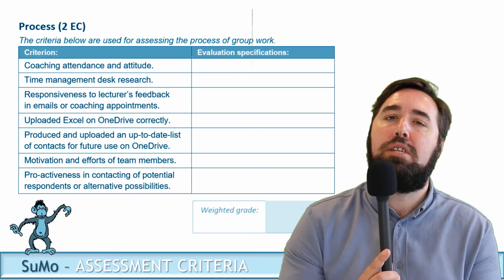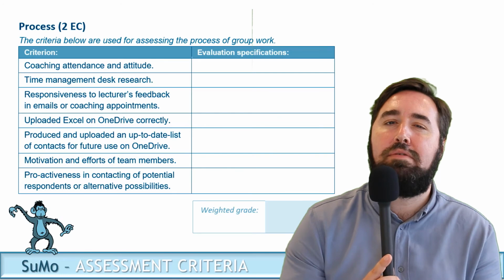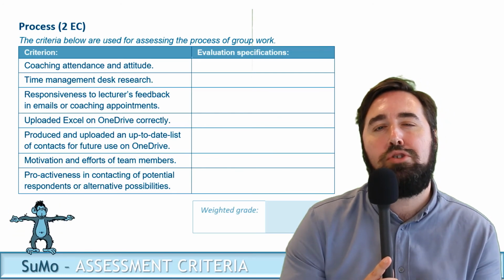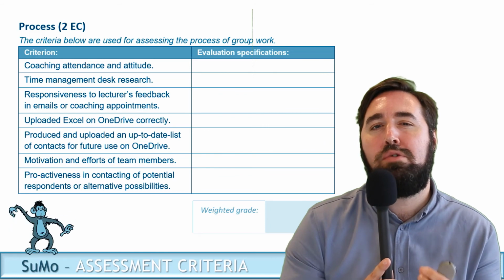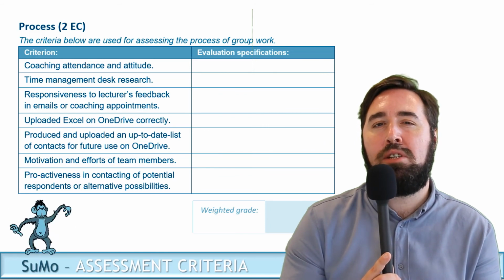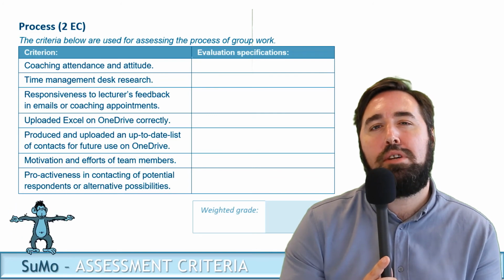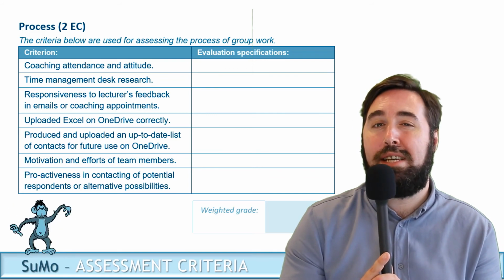Now, remember, it's really important that you follow all this advice to the letter and allocate 1 or 2 people in your team to really focus on the SurveyMonkey element of the CP, because once again, it forms part of the criteria for how we assess your work.